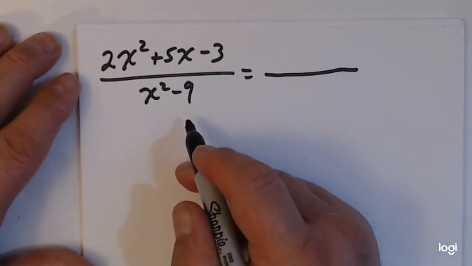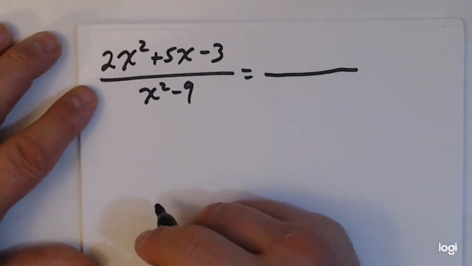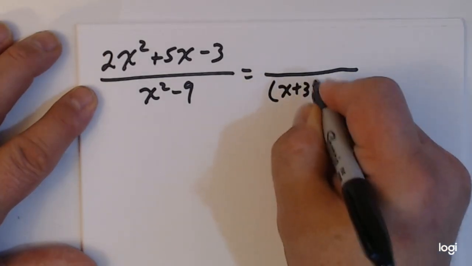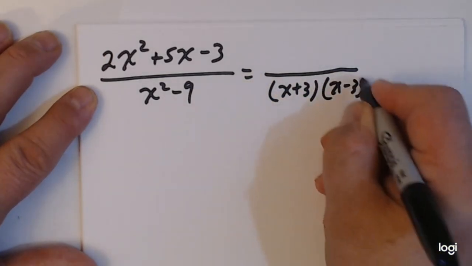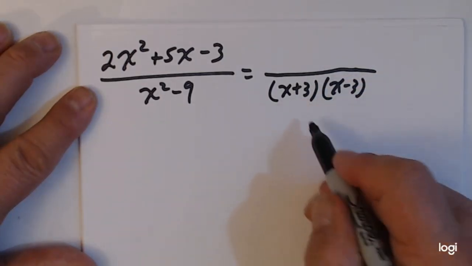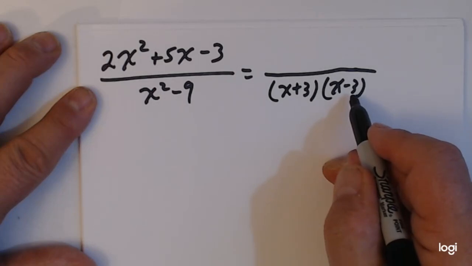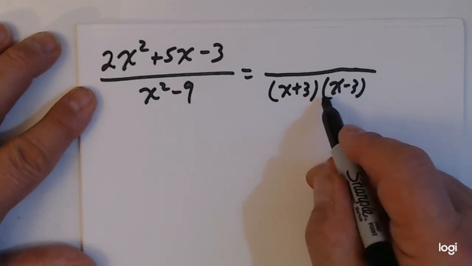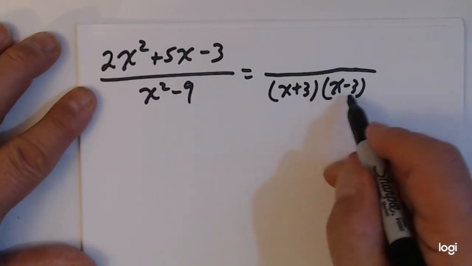X squared minus 9 is a difference of squares, so x plus 3, x minus 3. x times x, x squared, x times negative 3 is negative 3x, and then inside is 3x, so those terms go out, minus 9.